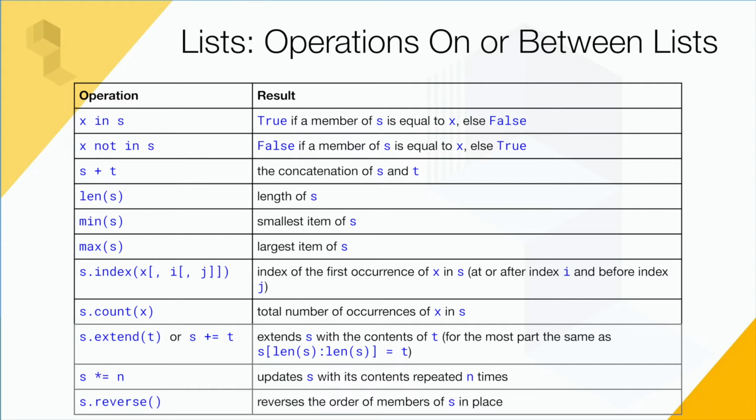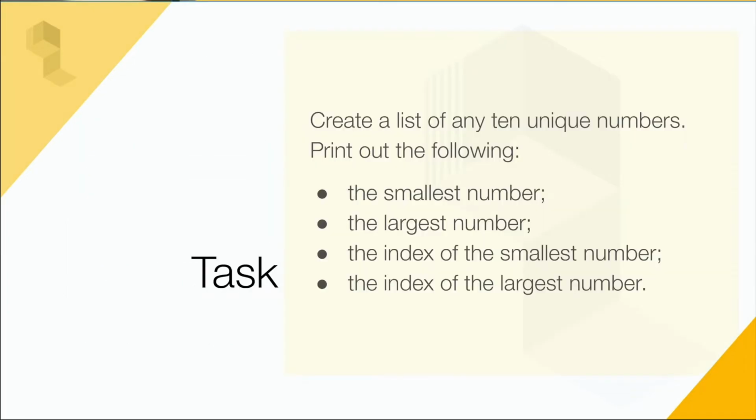And we can multiply a list, repeating it multiple times using the multiply operator. We can reverse the order of our list using reverse, which reverses the order of the members in place. So here's a task for you. Create a list with any 10 unique numbers and print out the following: the smallest number, the largest number, the index of the smallest number, and the index of the largest number.